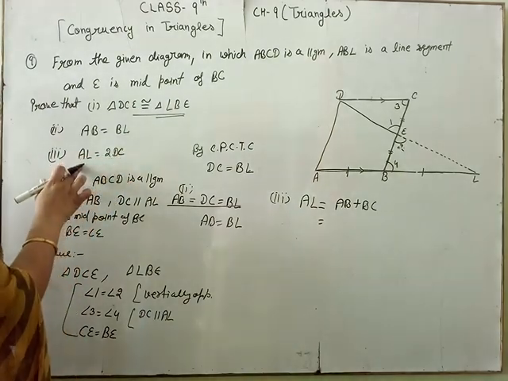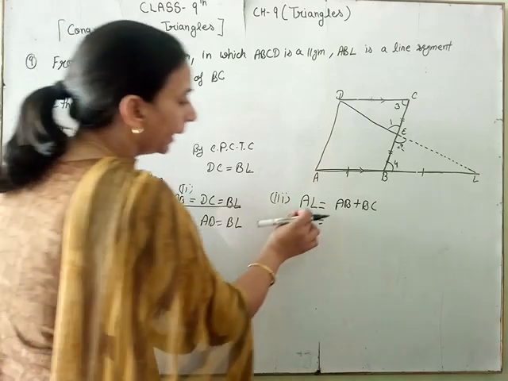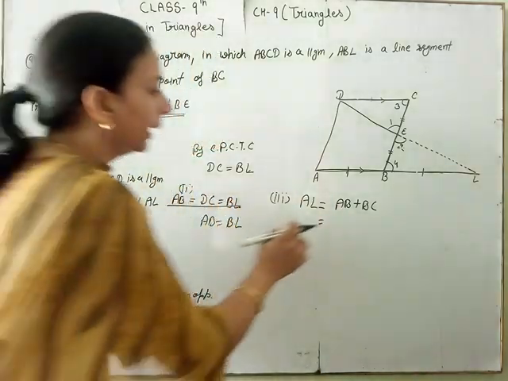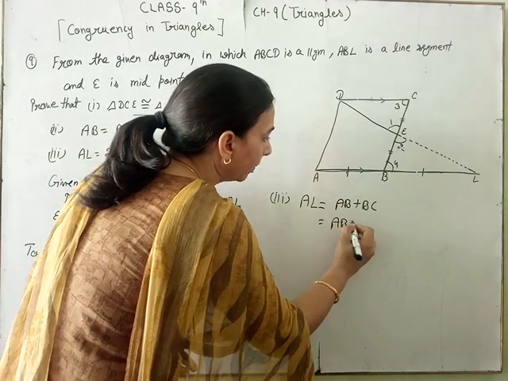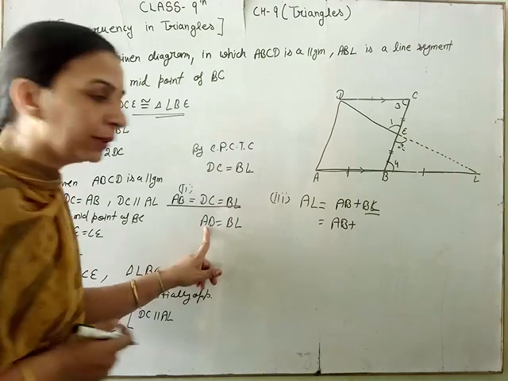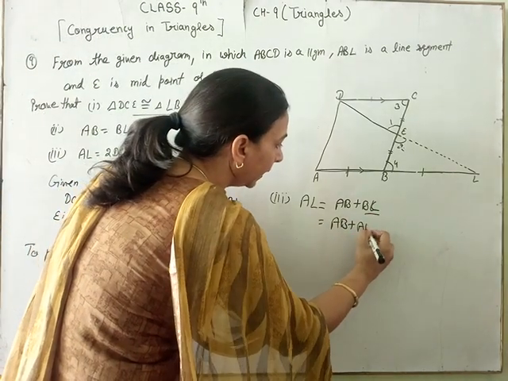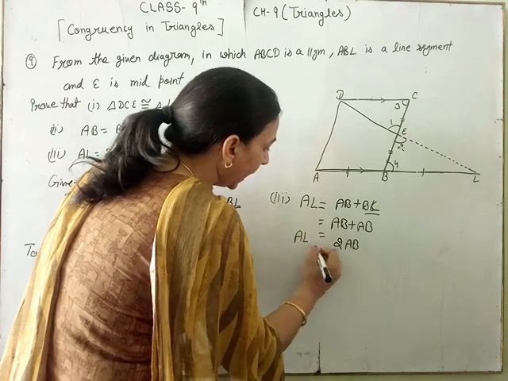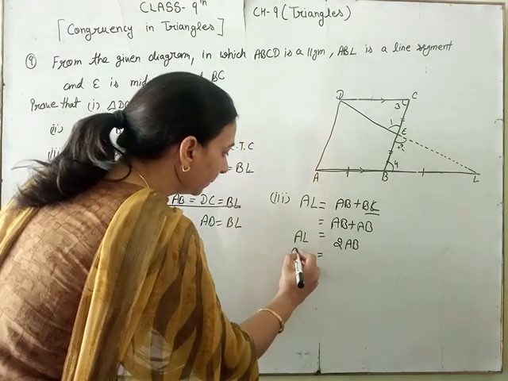We write AB as it is, plus BL equal to AB, so in place of BL we write AB, and this equals 2 times AB. AL equals 2 times AB.